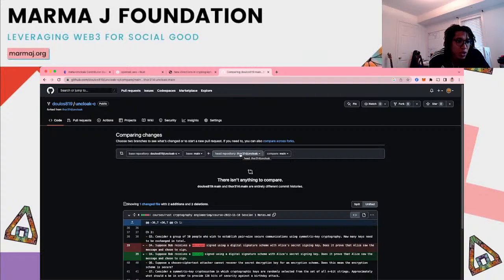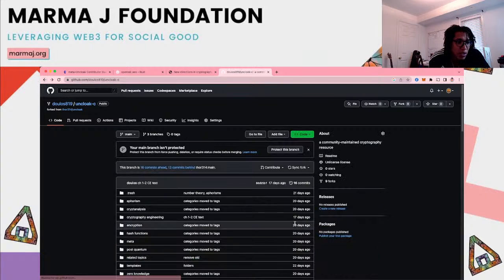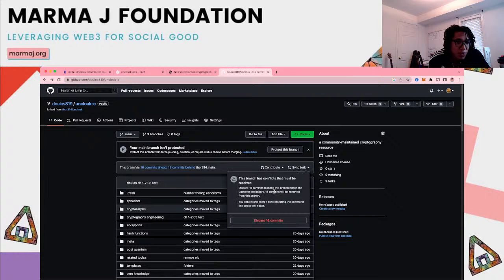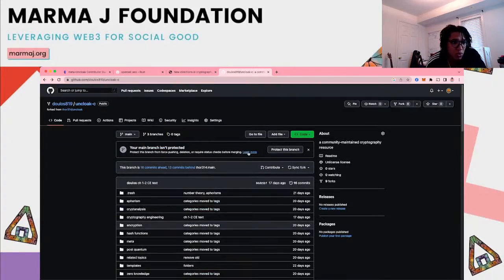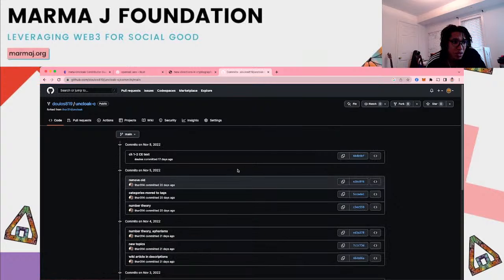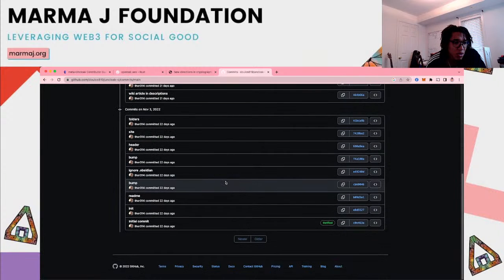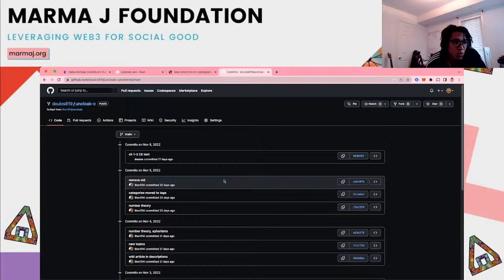Okay, so I'm trying to go from head to main. Dang it. Sync fork. Ugh, it's because I have 16 commits that I didn't even push. They were just stupid things. I'm just going to delete my 16 commits. Wait.